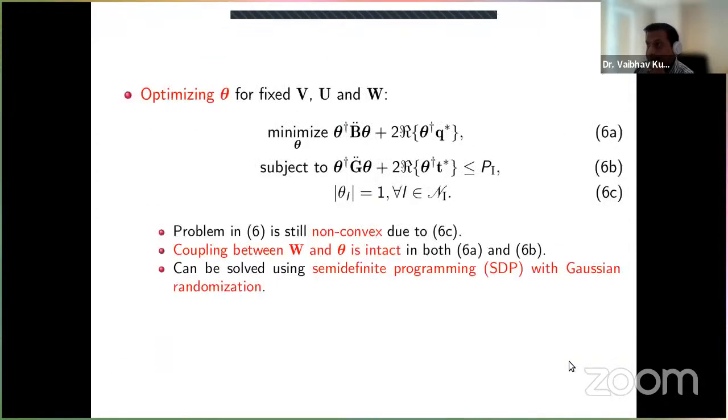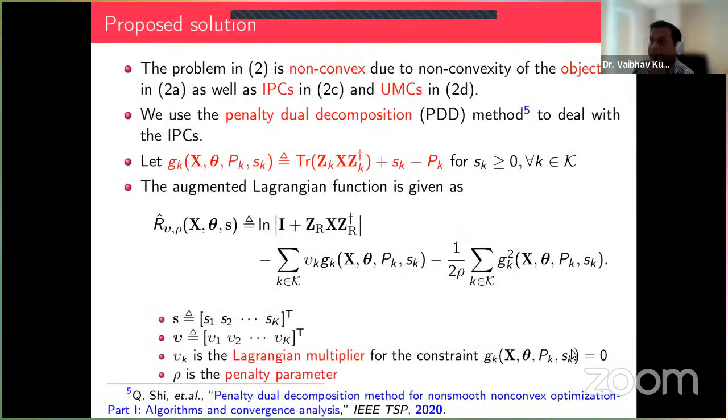What we basically do is use this penalty dual decomposition method to deal with the interference power constraint, IPC, which was basically 2C. We define a function, the trace of this function, which is the actual interference that I am creating at the licensed receiver.